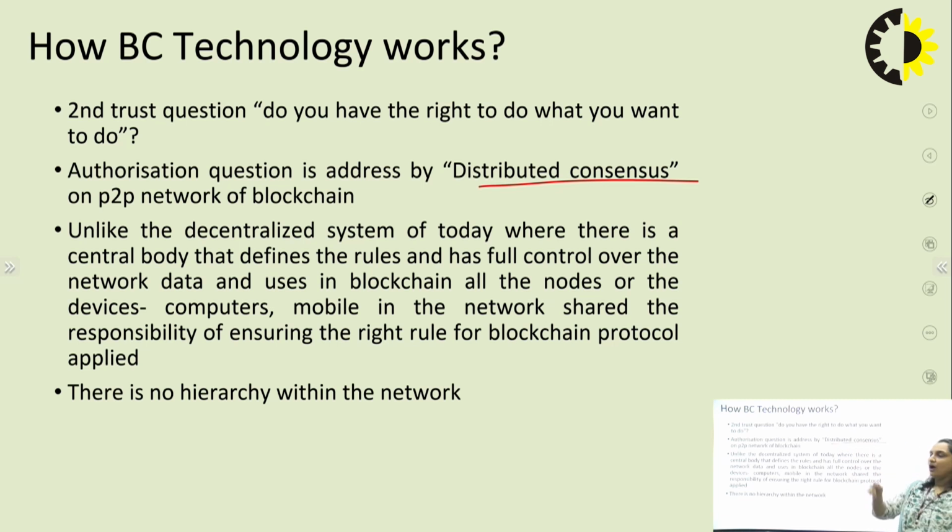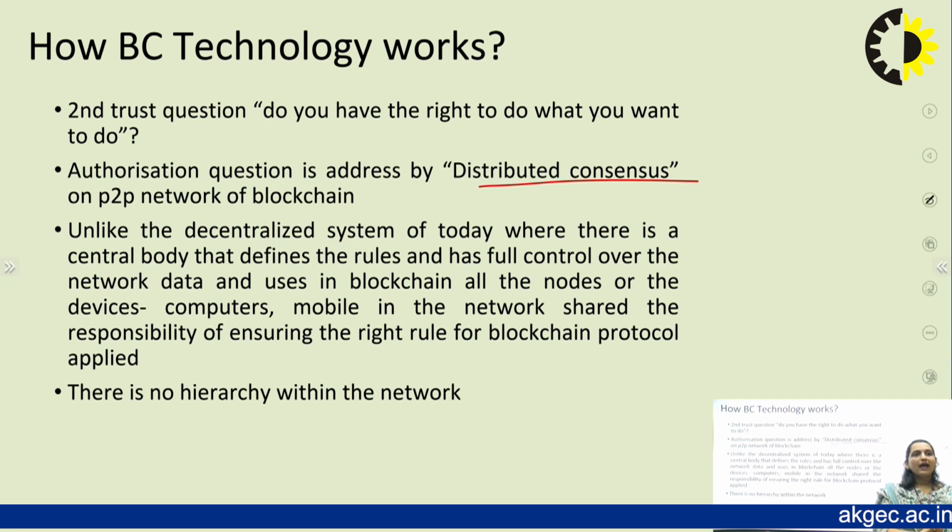This is done by distributed consensus, which is peer-to-peer, in a decentralized way, where there is no central authority defining control. We have distributed consensus in which people's computers, phones and blockchain nodes are all connected. All have the right to add to it, or the right to do what they are permitted to do.